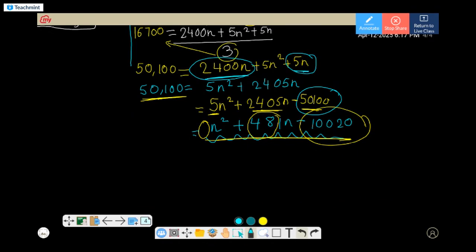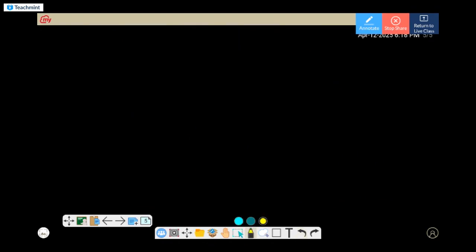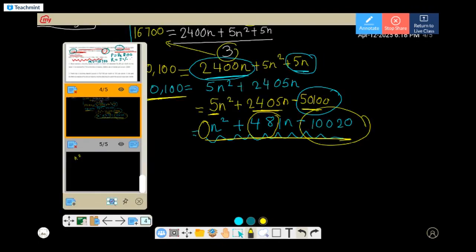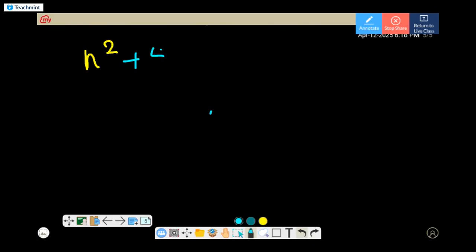Okay, now how do you do the factorization? Your expression is n square plus 481n minus 10020. So you have to check the first number, the coefficient.